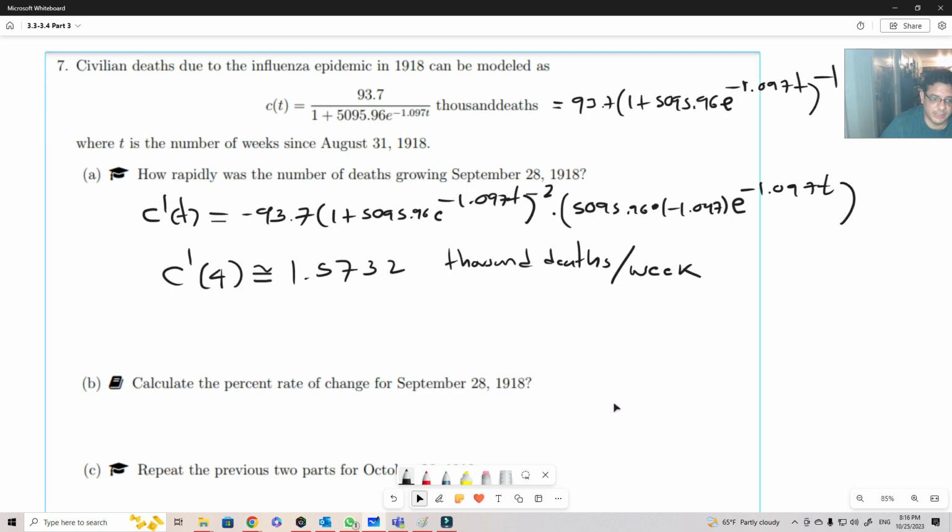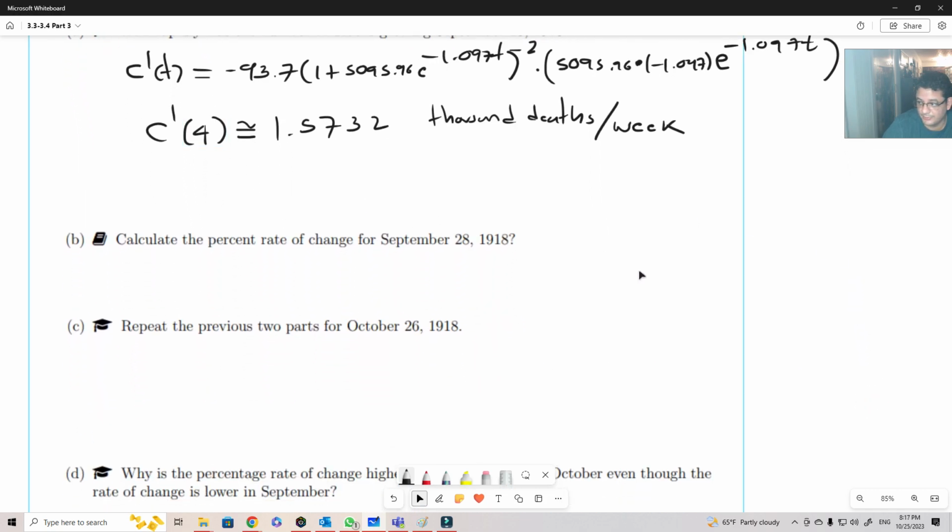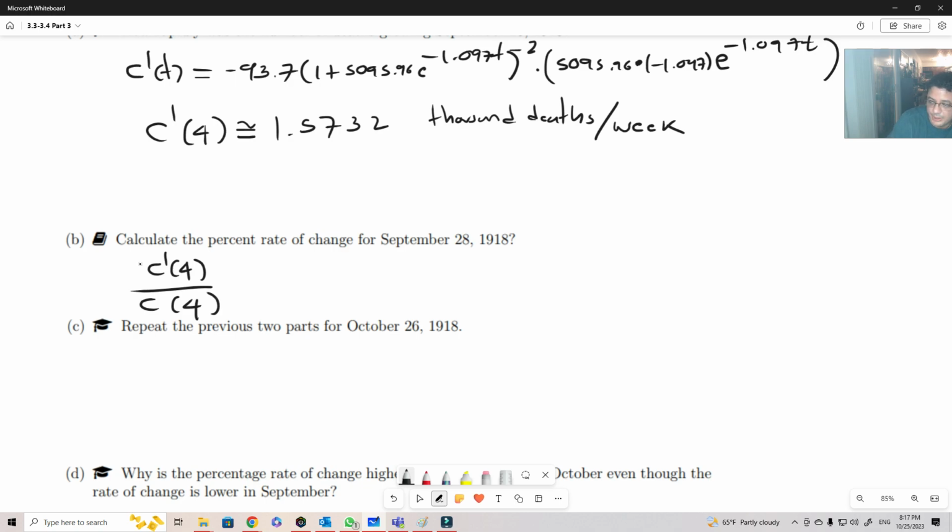Now we want to calculate the percentage rate of change for September 28. Again, we use 4 because that's the number of weeks. But percent rate of change is really asking me to compute C prime of 4 over C of 4. I already computed C prime of 4, which is 1.5732, and I divide this by C of 4, which is 1.4568.